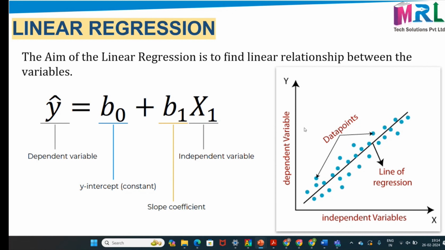This independent variable may be anything. For example, take the same example, the prediction of house prices. The independent variable is the size of the house and the dependent variable is the price of the house. So based on the size of the house, your price will vary.